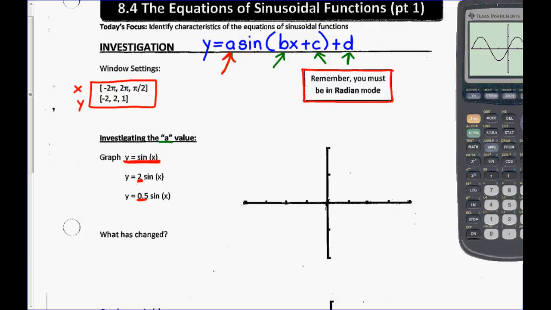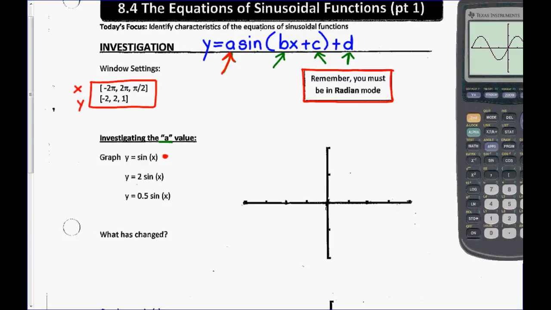Okay, so this is a lesson today where you're going to need 3 different colors in order to differentiate between the 3 different graphs that we're going to draw. So if you need to pause the video and find 3 colors, then restart the video once you have them. Okay, so this first one, y equals sine x, I'm going to draw that one in red, so I'm going to put a circle there to show that the red one is this graph.